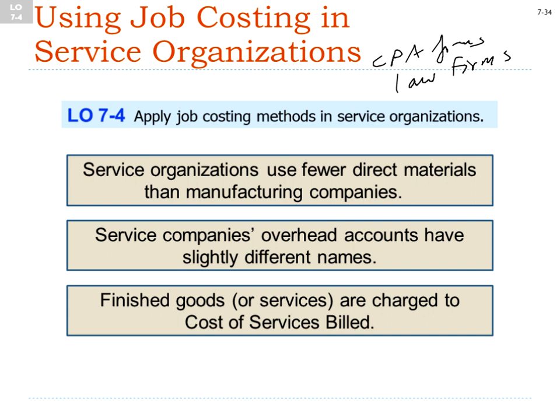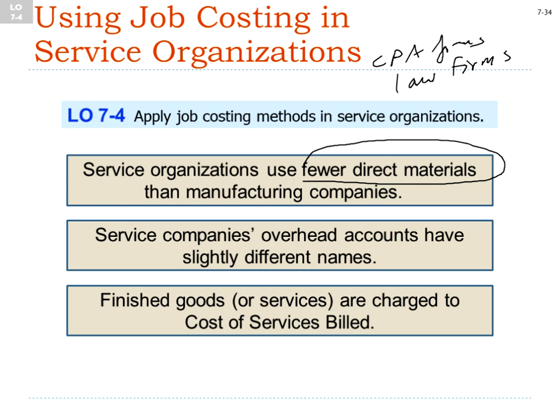So a service organization is going to use fewer direct materials, of course. Like I said, firms like CPA and law firms are going to use paper and other materials, but really that's not what they're selling. So they're really selling a service.